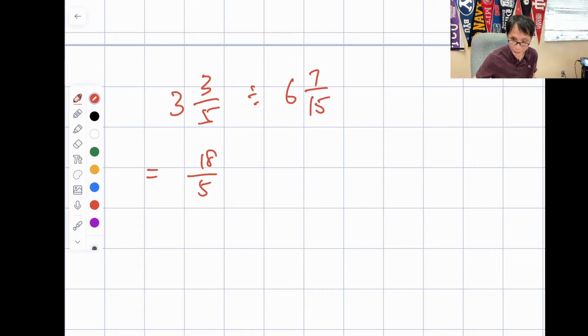Did everybody do that? Okay, how about this one? Wait, how much? I think that's kind of big. 15 times 6 is what? 90. 90 plus 7 should be 97.